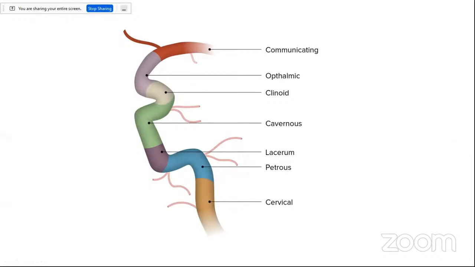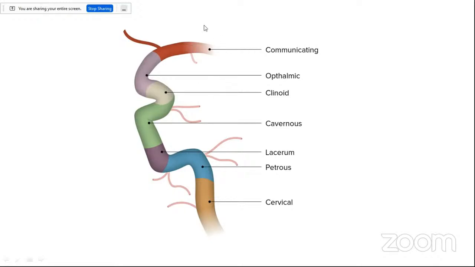Just as it pierces the roof of the cavernous sinus, it passes adjacent to the medial aspect of the anterior clinoid process, where it is termed the clinoidal segment of the ICA. Followed by the clinoidal segment, we have the supraclinoidal segments, which are superior to the clinoid, which include the ophthalmic segment, followed by the communicating segment.